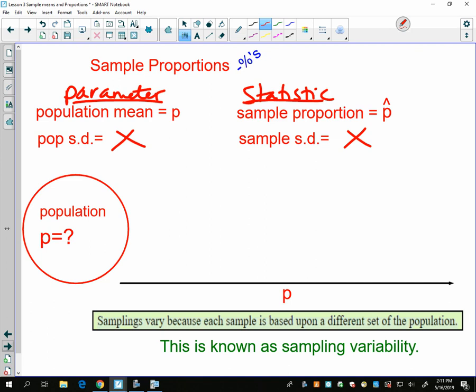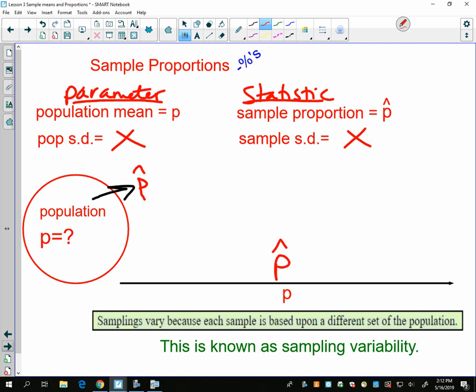All right, so now, again, we have a population and we don't know what the true proportion is. Since we don't know it, what do you think we do? We take a sample and get an output, p hat. Yes, exactly.